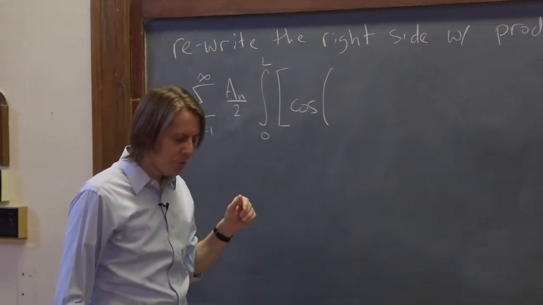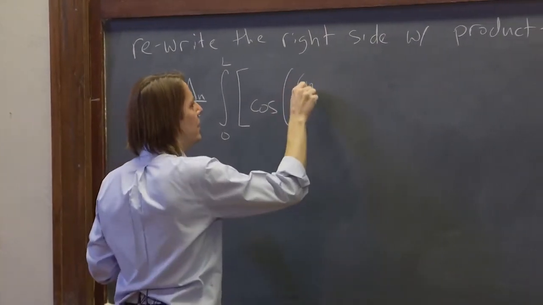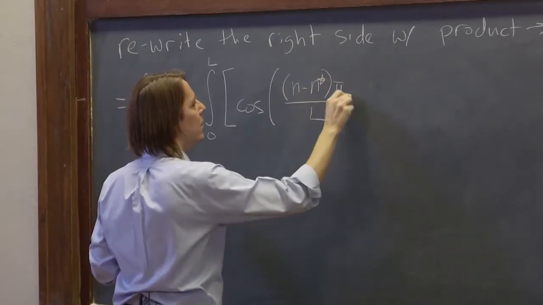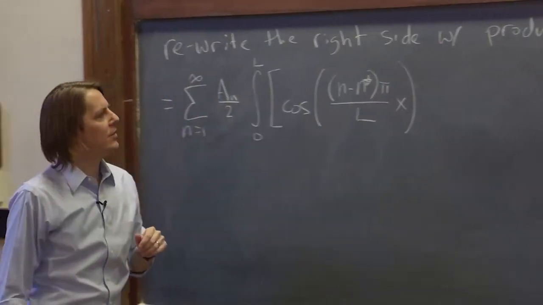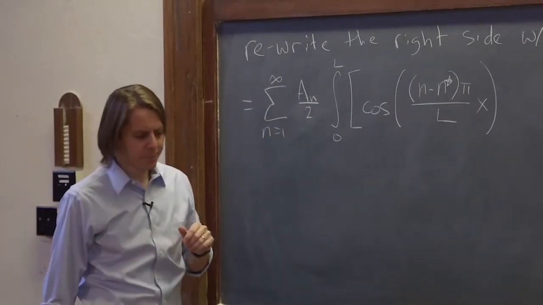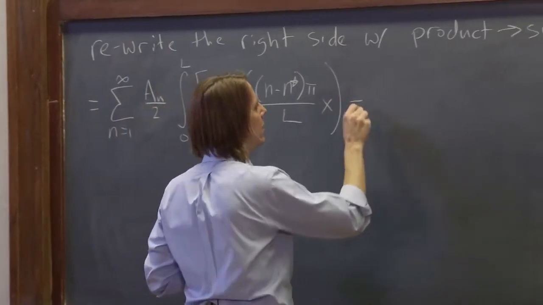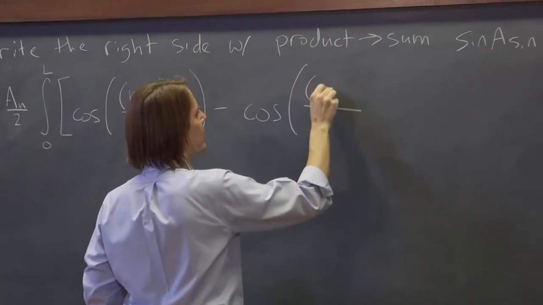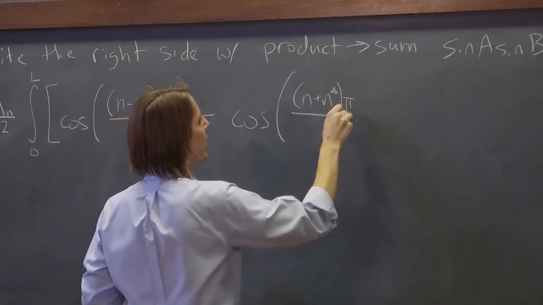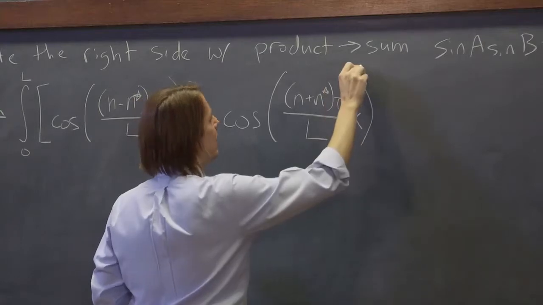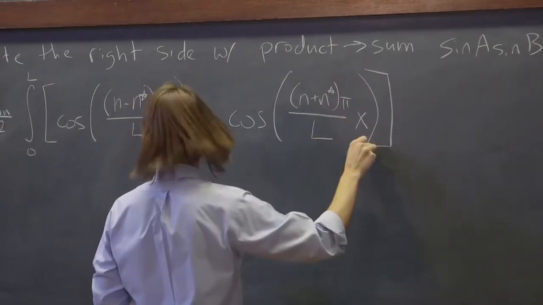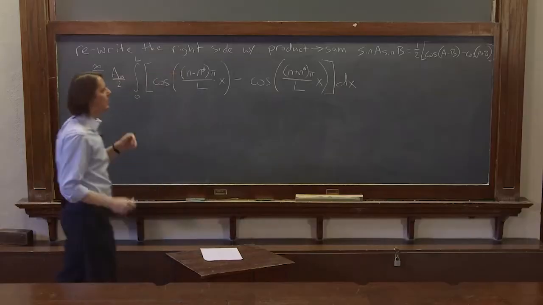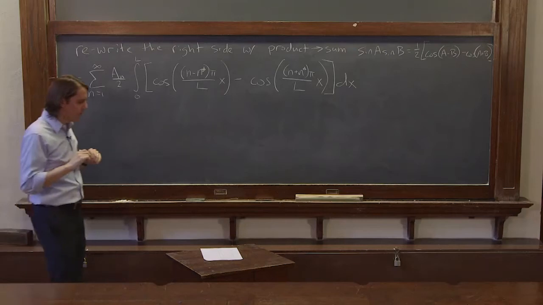So we're going to write it this way, n minus n star pi over L x. That's the cosine A minus B term. And then minus the cosine A plus B term is the same thing, just n plus n star pi over L x. And dx.